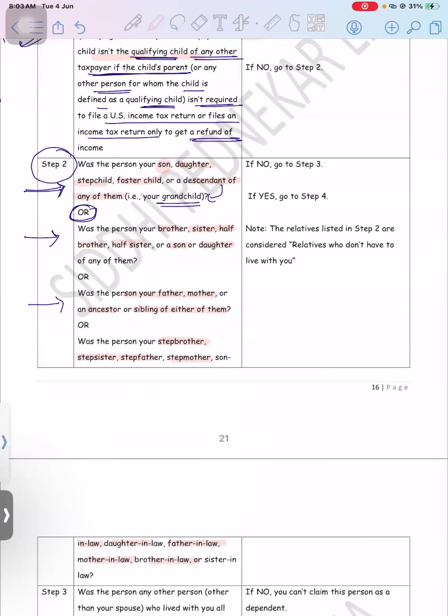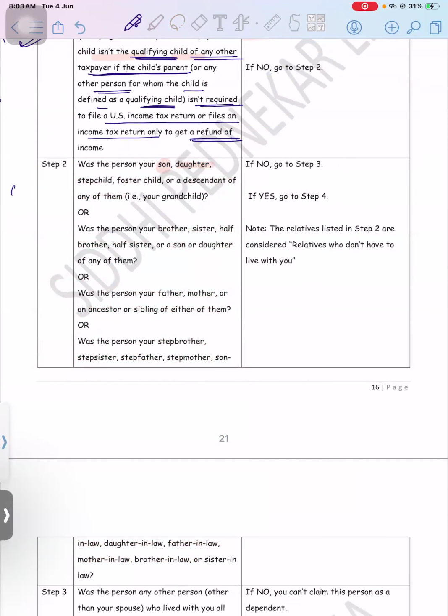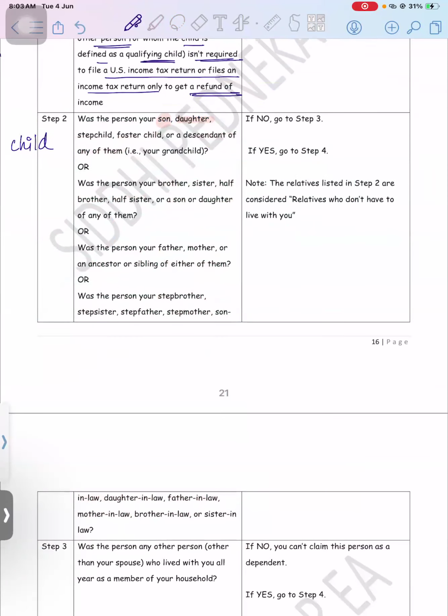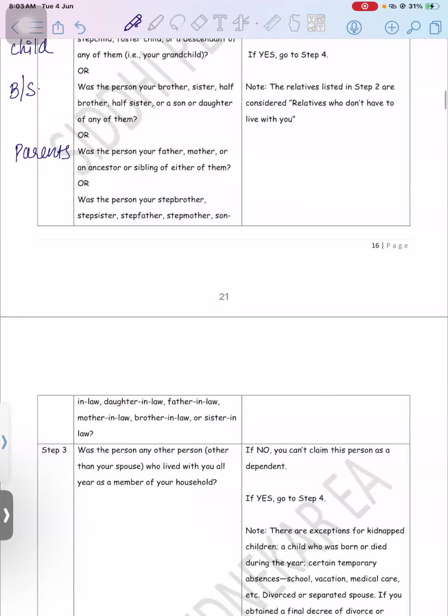You just need to check whatever is mentioned in the exam question. Are they falling under any of these categories? What you can remember is: the first category is related to child, the second category is related to brother, sister, the third category is related to parents, the fourth category is related to step relatives and in-laws.